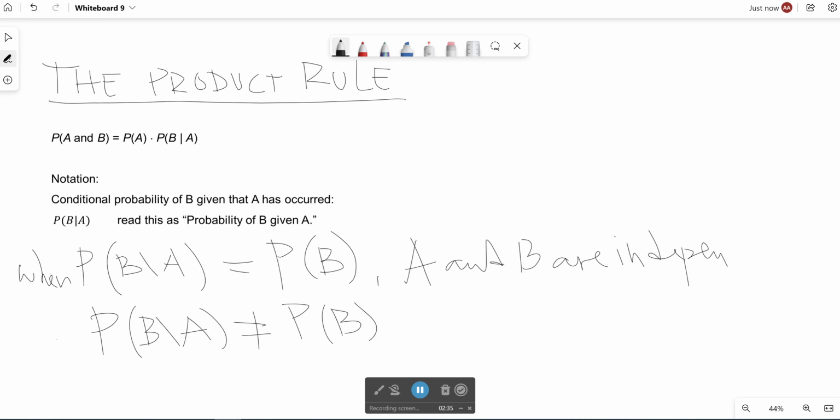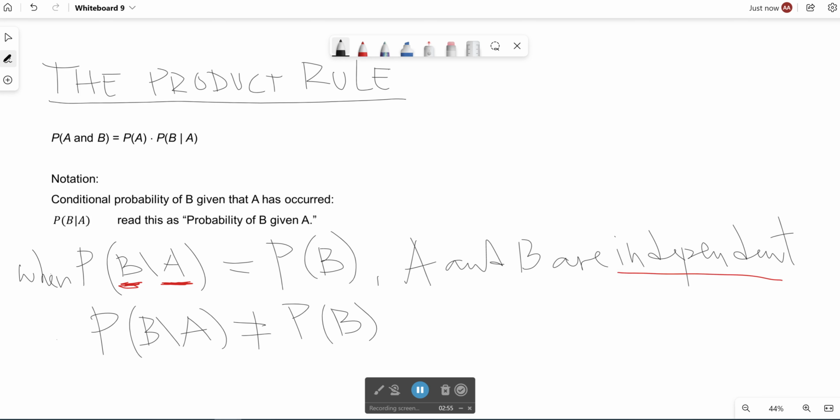So the idea is that knowing that we have that extra piece of information, knowing that A has occurred, does not affect the occurrence of B. The two events in that case are said to be independent.